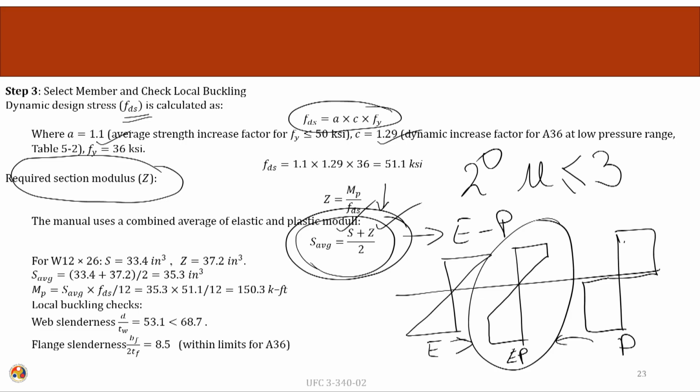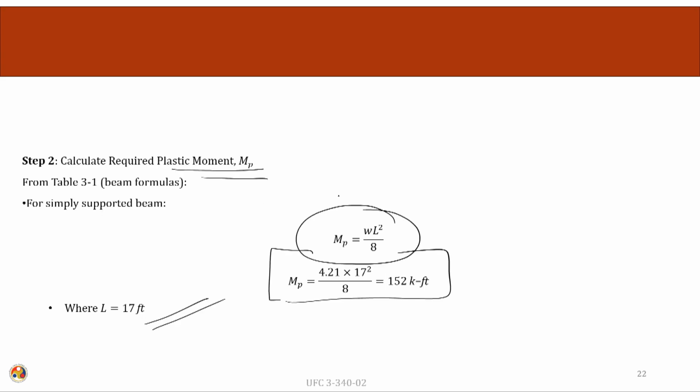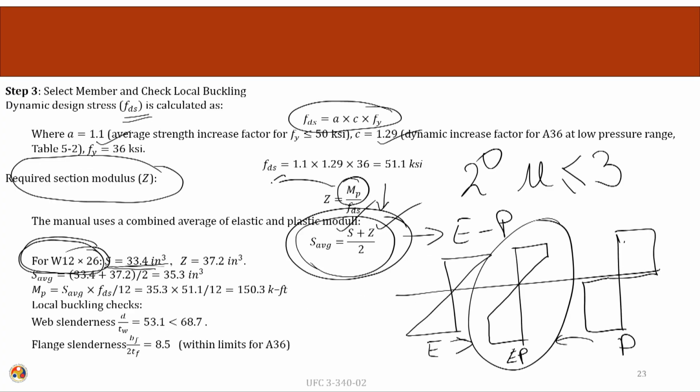So, using our design chart, we choose a section, let us say we have chosen a section. Because here we have the value of MP as 152, and we have the value of FDS, that is 51.